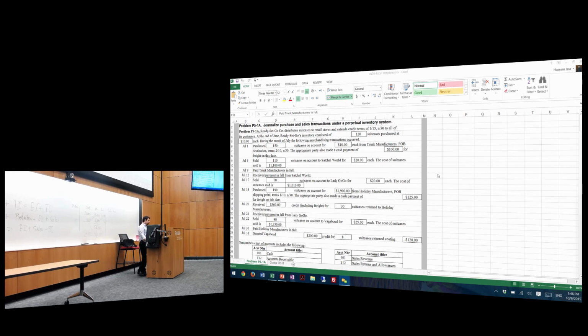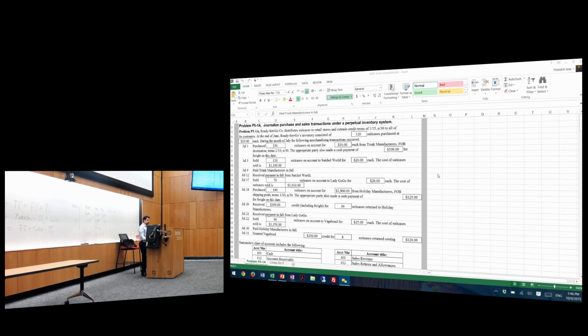So under the perpetual system, what do we need to do? Remember, when you buy merchandise, what happens to your inventory? It goes up, right? So your inventory increases. What do you do when inventory increases?